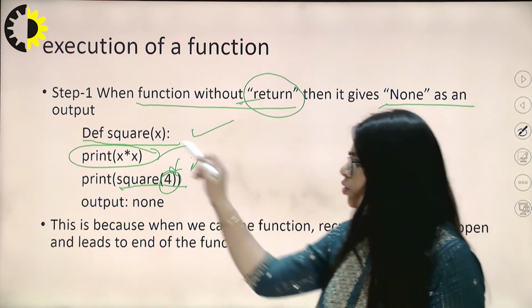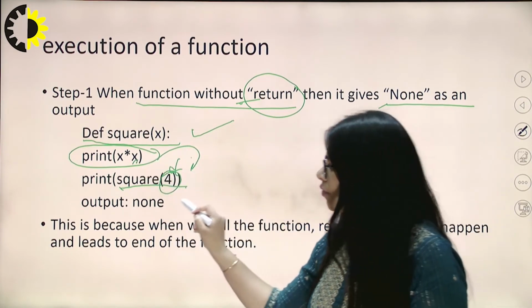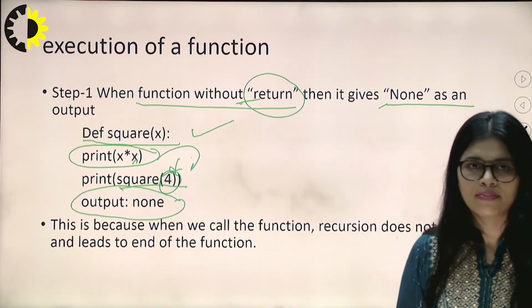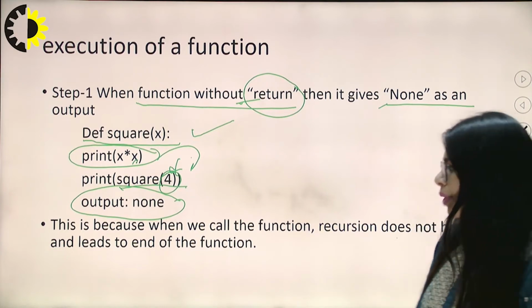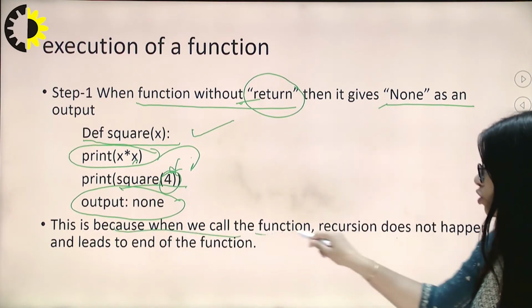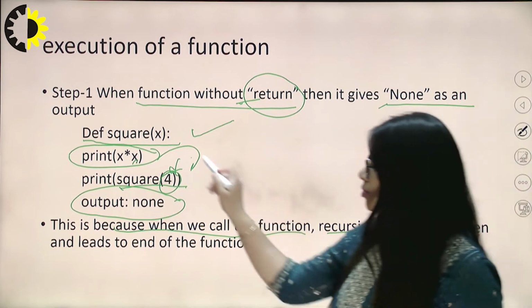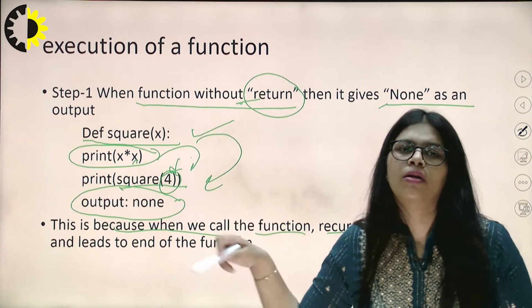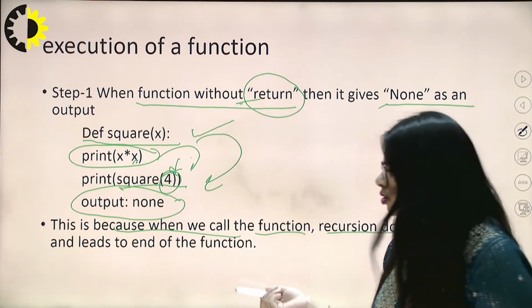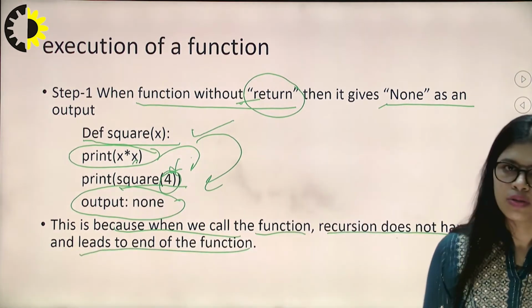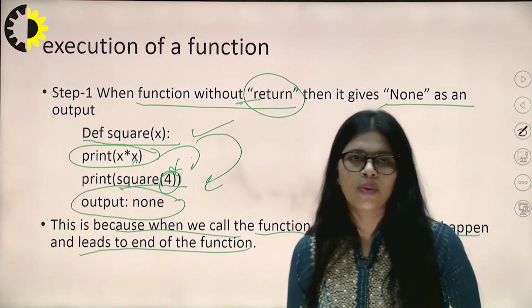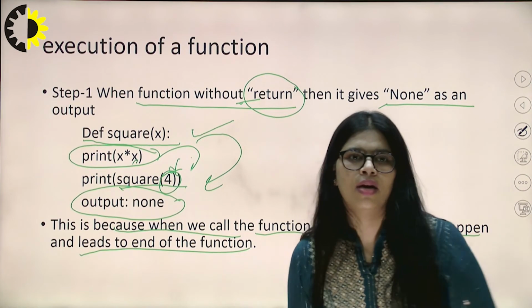But if we are not using return here, then it will give the output None. Because when we call the function, the value is not returned, it will not read the value of the function and it leads to the end of the function. It will not give any kind of value, it will give None as the output.